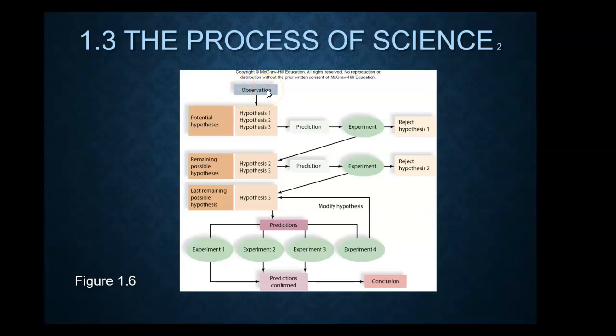Again, at the top, the observation. You observe something happening. And then based on that knowledge that you have observed, you formulate some type of hypothesis using inductive reasoning. And then you want to use deductive reasoning to predict basically what will happen, okay?